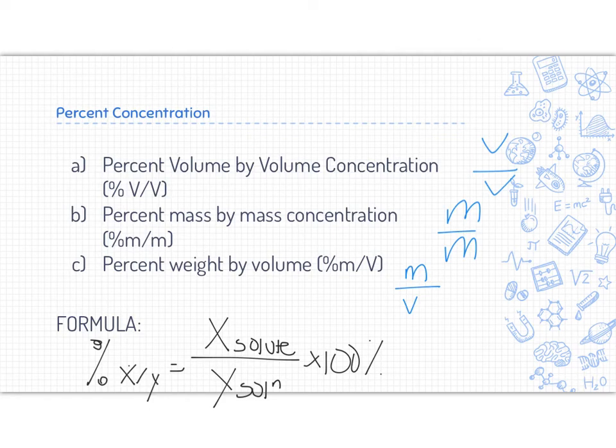units cancel. Now, last but not least, if we have one where we had mass by volume, X will be measured as a mass and Y will be measured as a volume. So the mass of solute divided by the volume of solution looks familiar, but we need to get their units to cancel. Now this is where our 1 gram of water is equal to 1 milliliter of water.